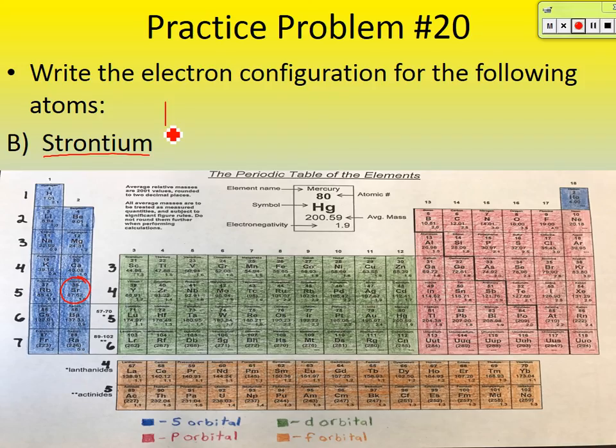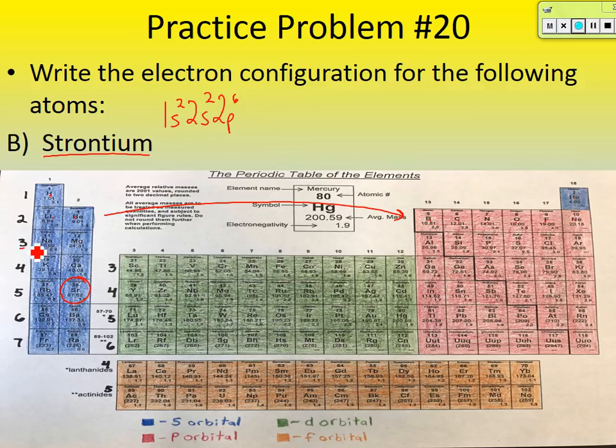So first energy level, s orbital, 1, 2 electrons fit there. Now we drop down to the second energy level, s orbital, 2 electrons fit there. Come across, still in the second energy level, but now p orbitals, 1, 2, 3, 4, 5, 6 electrons fit there.